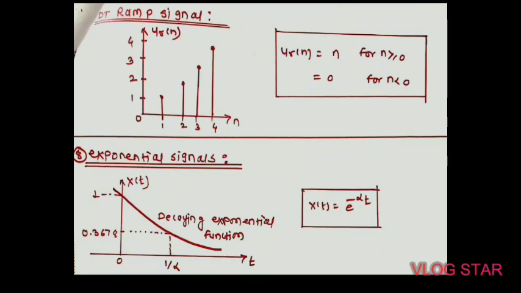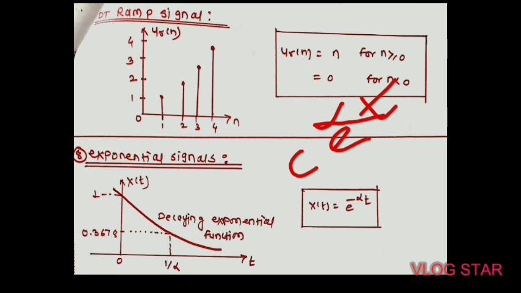Next type of signal is exponential signals. The continuous time complex exponential signal is of the following form, that is x of t equal to c into e raised to alpha t. Here c and alpha are in general complex numbers.